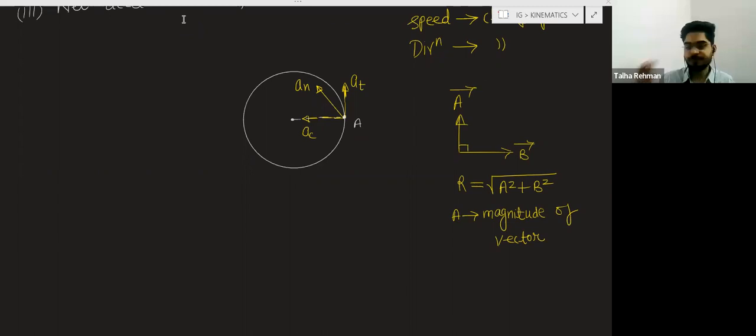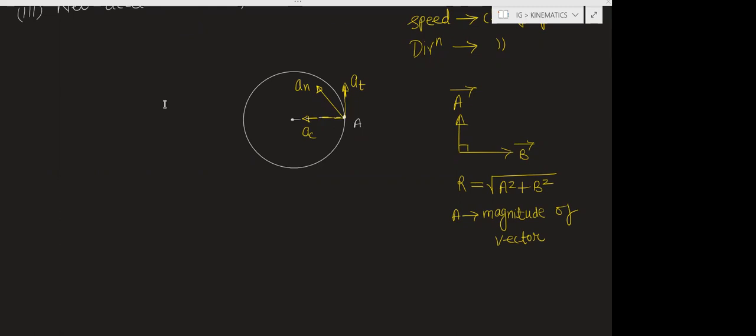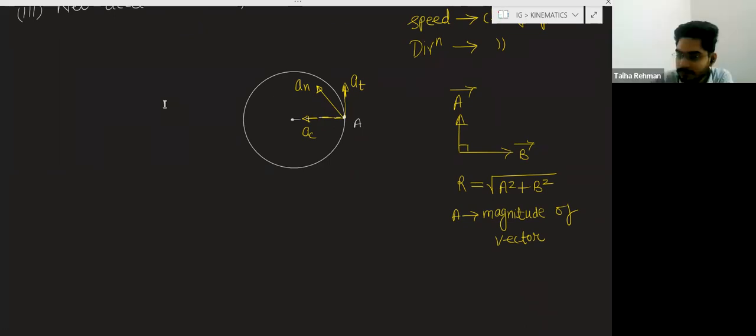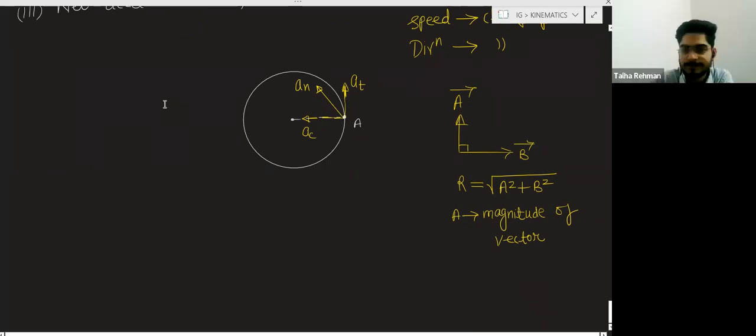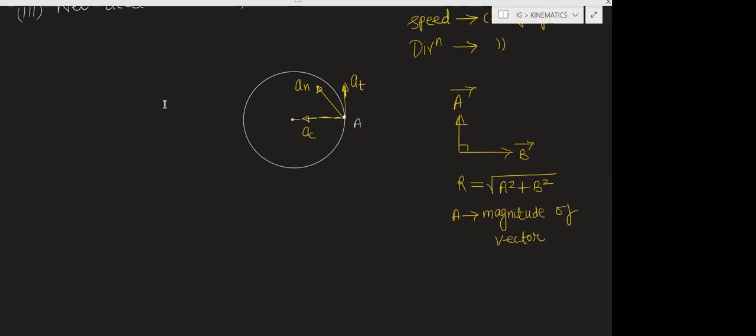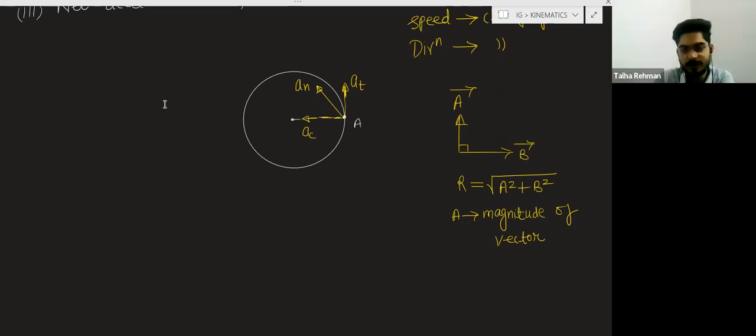So basically, do you know vectors? It determines the way it moves, right? Vector is like a quantity, right? There is vector quantity and scalar quantity. Yeah, there are two types of quantities: vector and scalar. You are right.